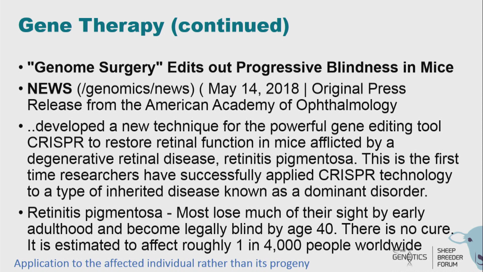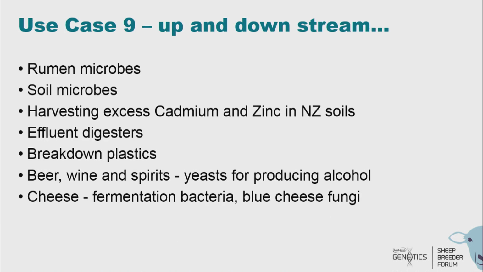And then there's been another one to show that they can modify mice that would otherwise become blind in their own lifetime. And this is a condition that occurs in humans, something like 1 in 4,000 people. So gene editing is going to be quite commonplace in humans for a whole kind of therapeutic reasons.